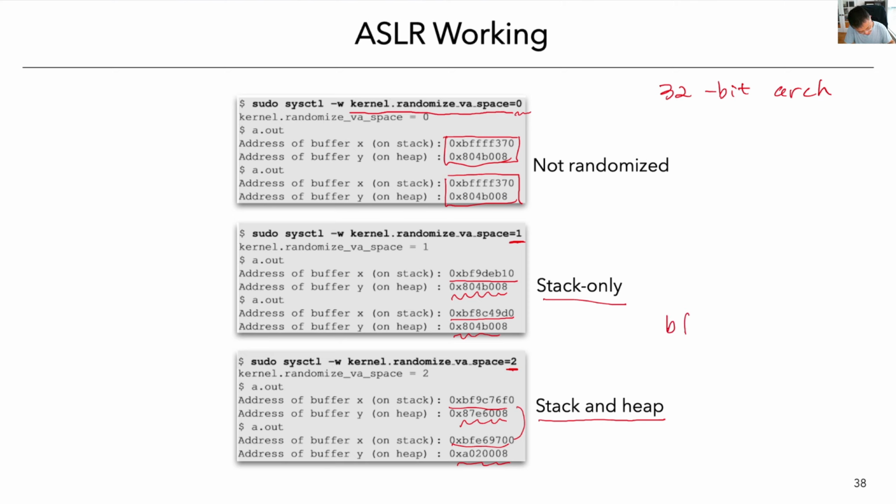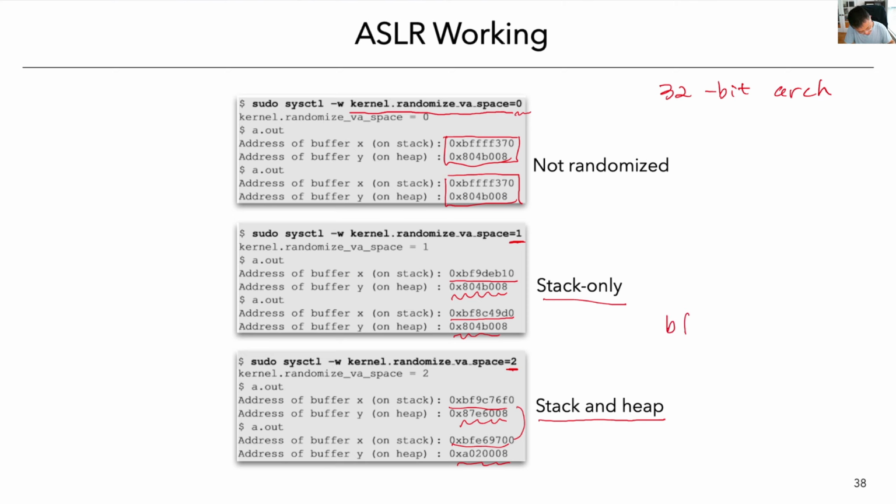Okay, so on bypassing ASLR, the first one is to use a brute force attack, as we have mentioned on the previous page, right? It takes on average 2 to the power of 16 tries to break ASLR on the stack.